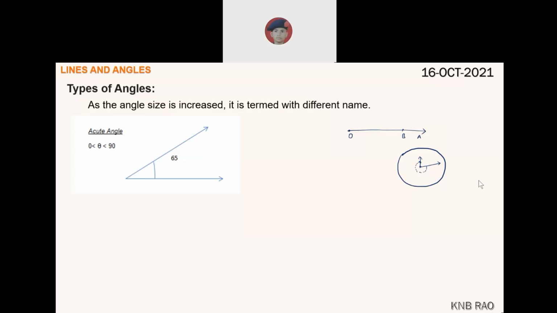Thank you. Now see children, these hands are moving. We have one way, clockwise direction, but angles move in anti-clockwise direction. The number of times that it rotates gives the angle that it produces.